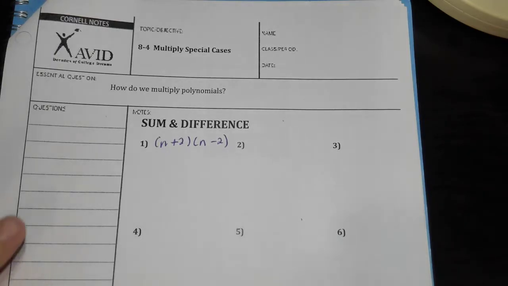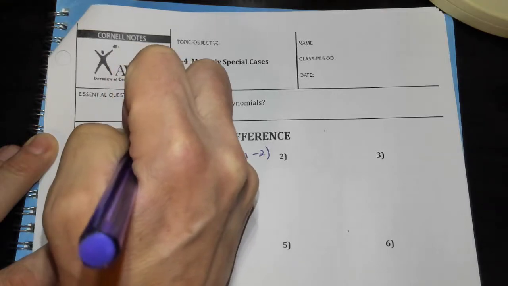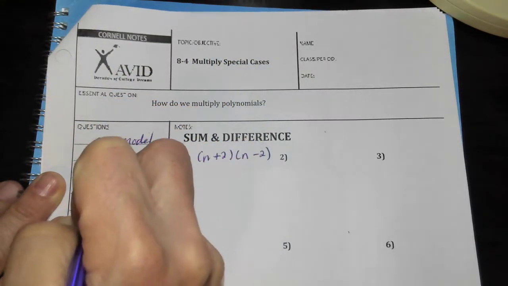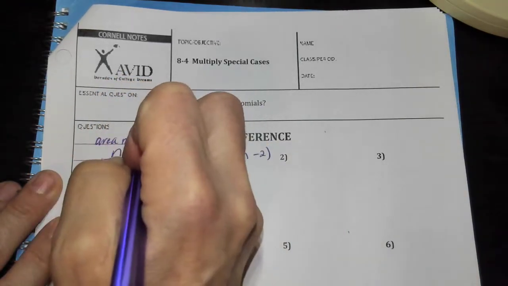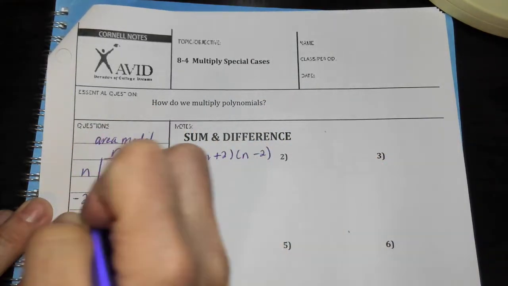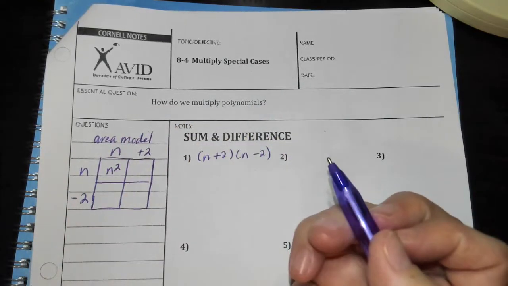So a couple ways you can do it. Remember, we do have the area model, and you can use that in these cases. If you're a visual person, this is a good thing to use. So I am going to put the n, and this is a plus 2 and n minus 2. I will multiply the n times the n to get an n squared.